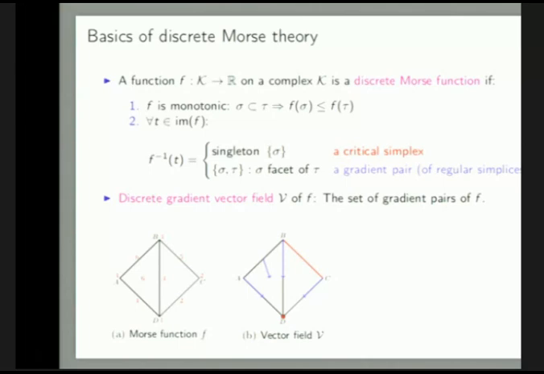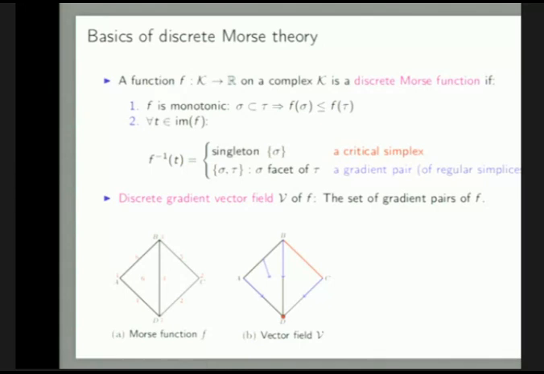Because of that, you can nicely formulate it as an inverse image and monotonic. Otherwise, in the original definition, you do not even have the monotonicity. Now you have this monotonicity and this other property as well.